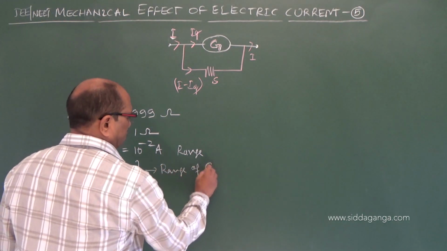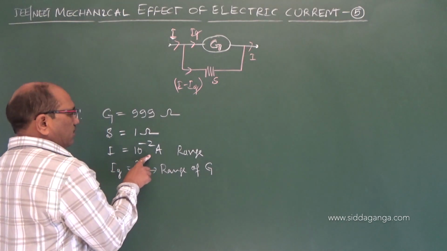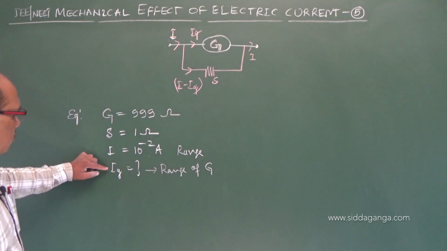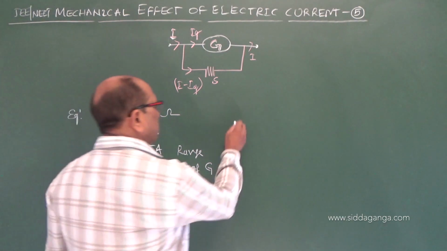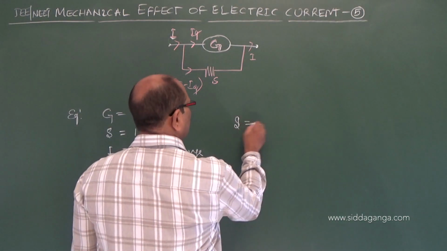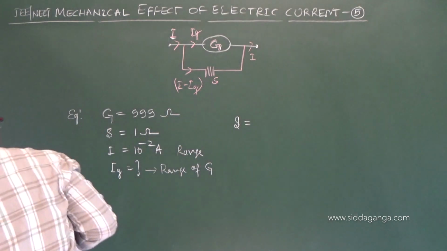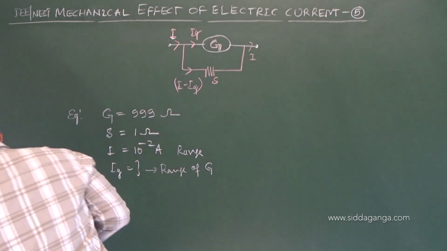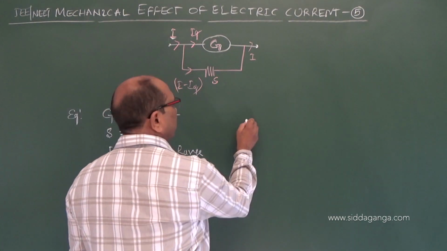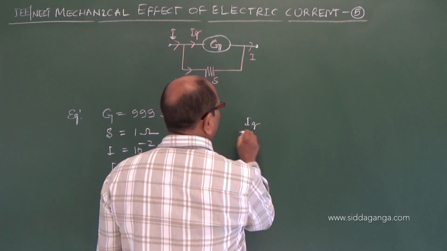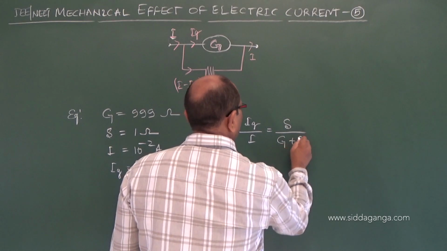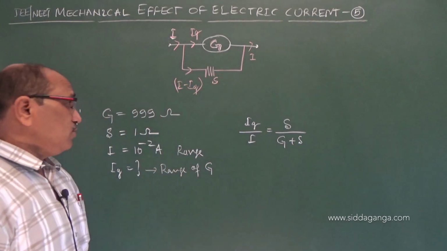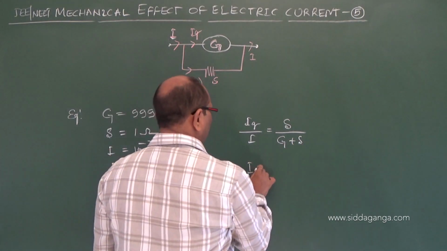Range of ammeter is given. Question is on IG. G, S, I given. We can use the relation we have calculated: IG upon I is S upon G plus S, from which we can calculate IG directly.